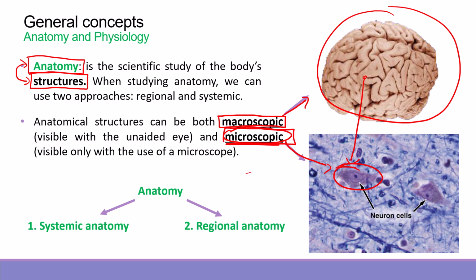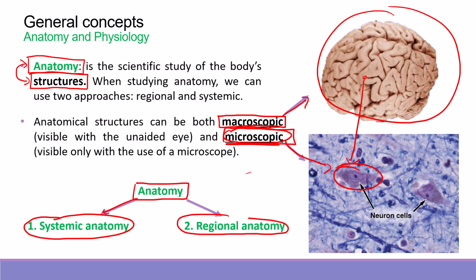Now, the next part is for a student or for someone who is studying anatomy and physiology for the first time. There are two approaches to learn the anatomical structures in the human body. One is based on systemic anatomy, so looking at the human parts by systems, or regional anatomy.